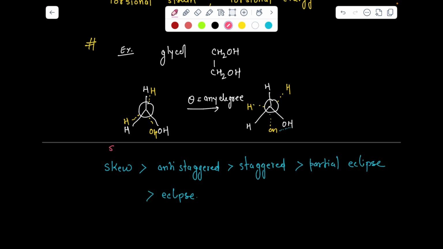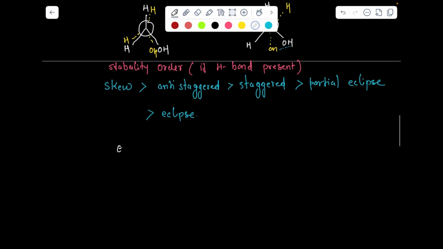This happens whenever hydrogen bonding appears. We have another example too, for example CH2OH and CH2F, they can also form hydrogen bonding. So in that case also skew is much better than the staggered or anti-staggered.